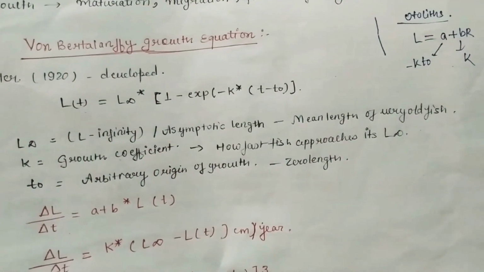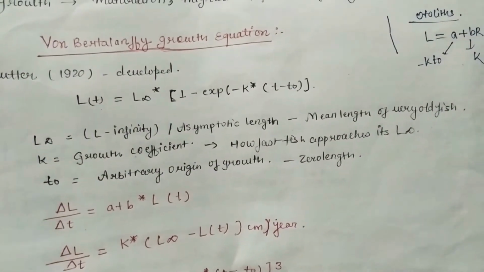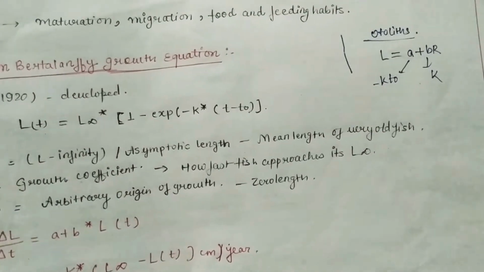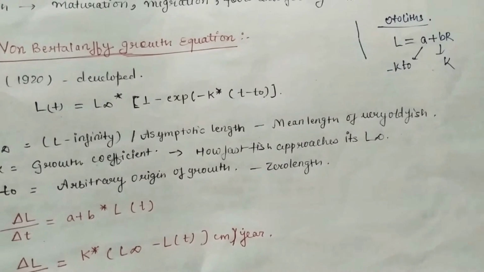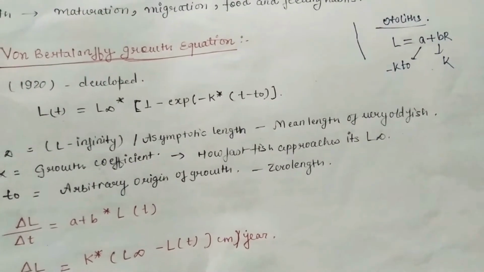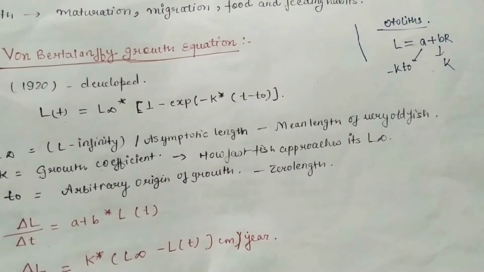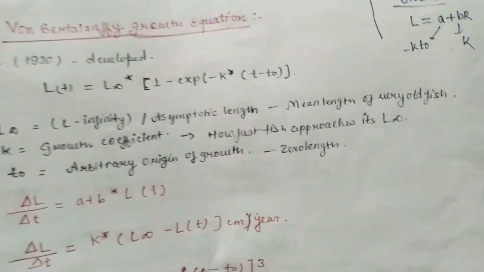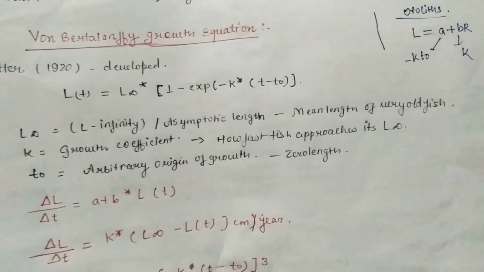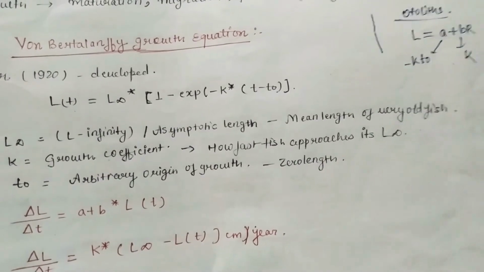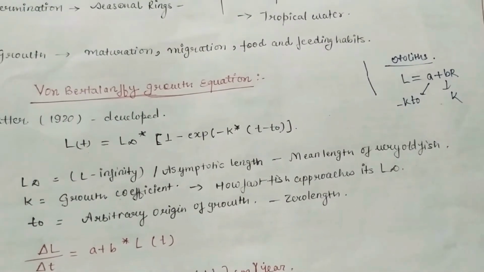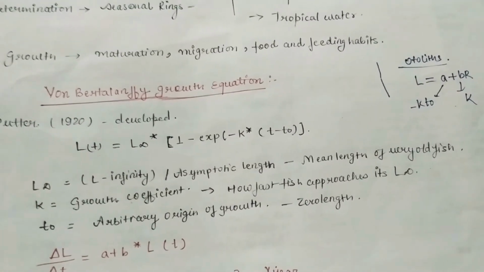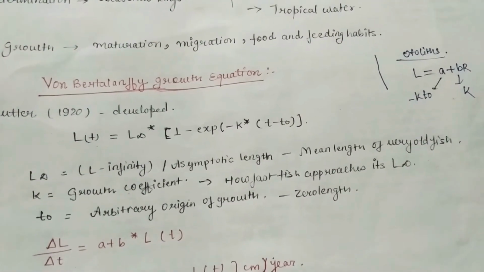Here we have seen that the otolith, that is the hard part of a fish, is used to determine the age of a fish, and there we used the equation L equals A plus BR, which is an equation to give the growth. But here in the von Bertalanffy growth equation, A is determined by minus K t naught and B is determined by K. K is a growth exponent, or we can say growth coefficient.